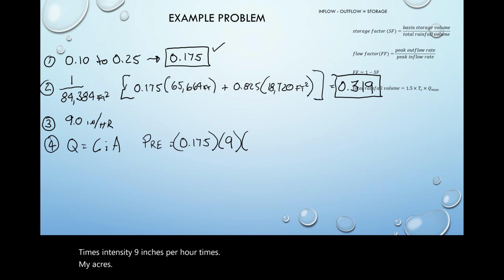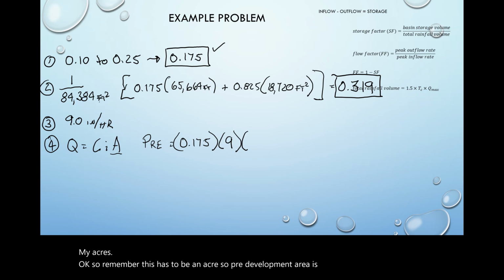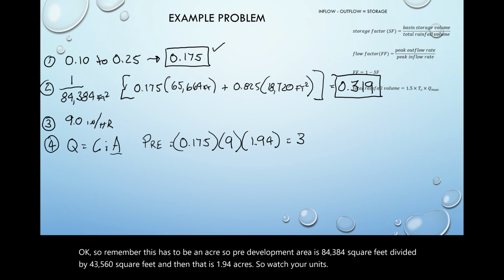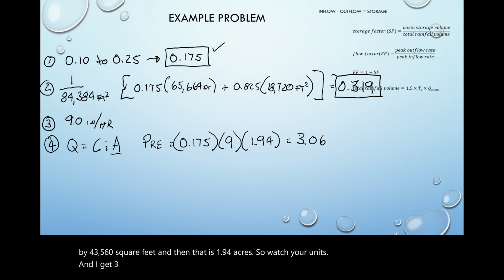Remember, this has to be in acres. So pre-development area is 84,384 square feet divided by 43,560 square feet, and that is 1.94 acres. So watch your units. And I get 3.06 cubic feet per second.